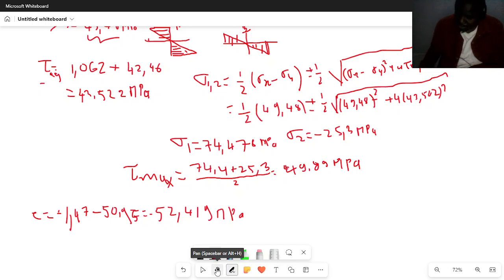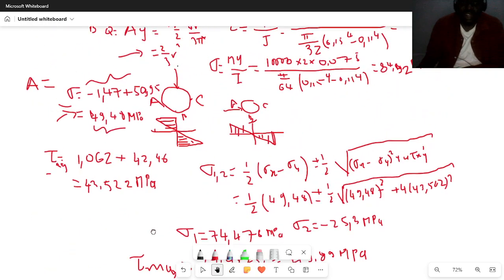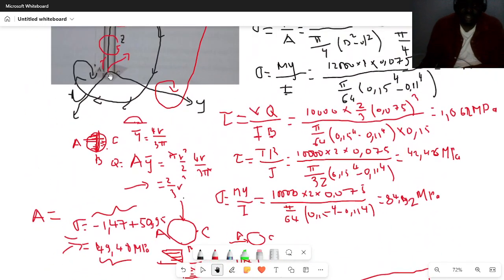I'm saying the one that we are calculating now is at point C. Remember, whatever A feels, C feels it, but with opposite signs. They are both along the same line.